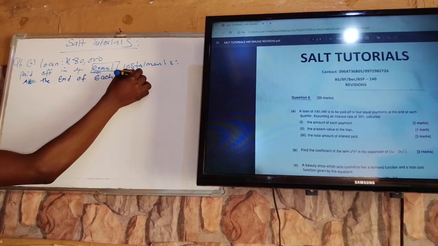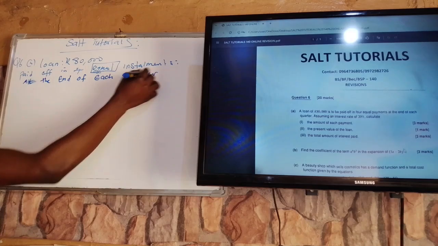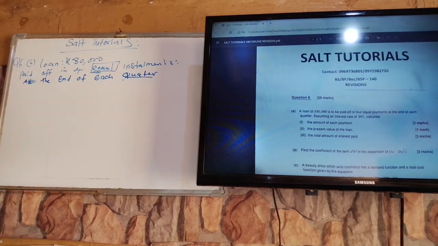And when you hear the word quarter, it is simply an indication that we are making these payments every 3 months. You make a payment, another 3 months you make a payment, another 3 months you make a payment.